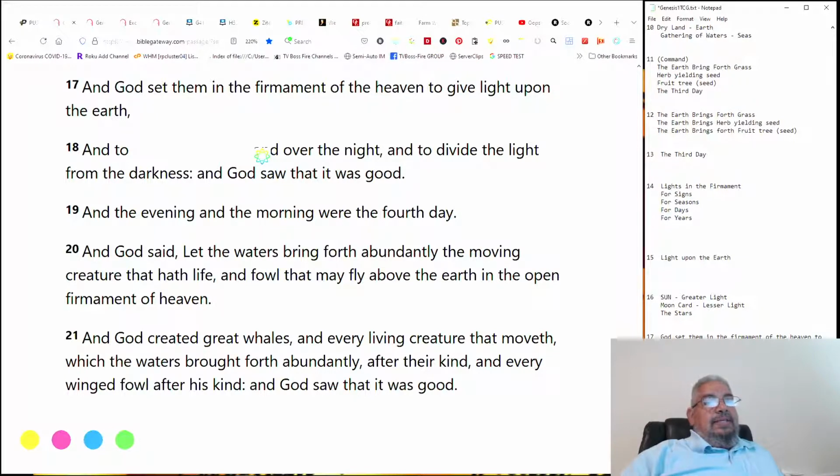Over day and rule over night. And here, we didn't do it before, but here would be the appropriate time to do the divide light from darkness.